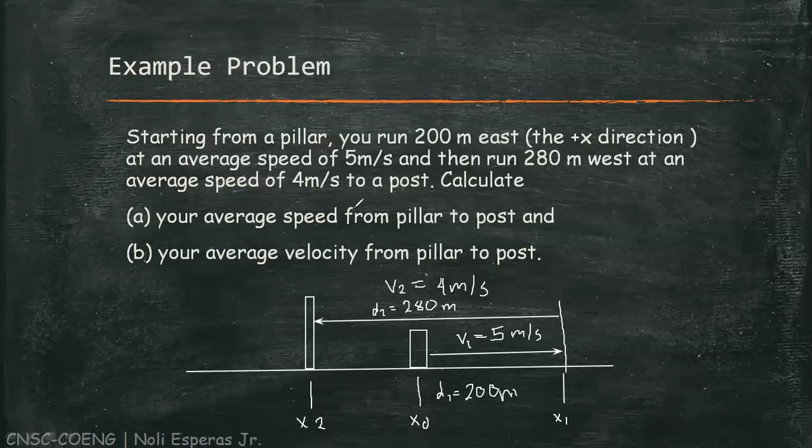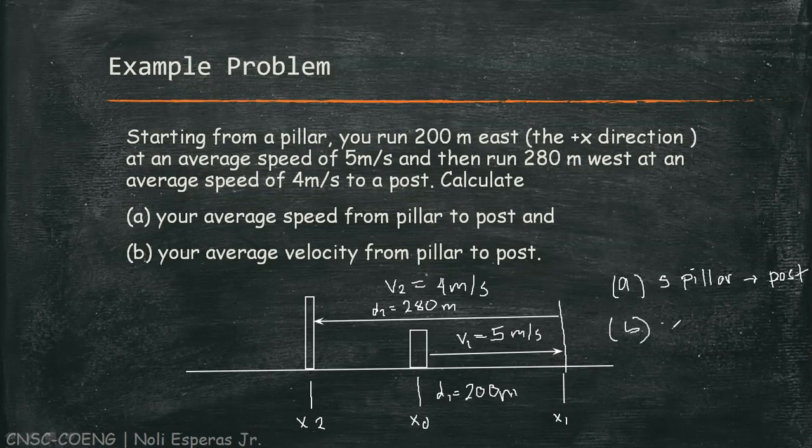So our problem, letter A, find the average speed from pillar to post. And letter B, the average velocity from pillar to post.